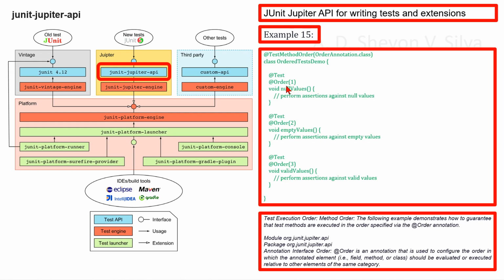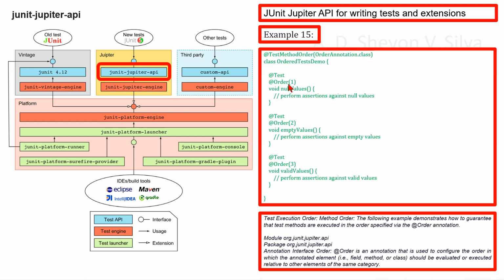Annotation interface Order in package org.junit.jupiter.api in module org.junit.jupiter.api. @Order is an annotation that is used to configure the order in which the annotated element, that is field, method or class, should be evaluated or executed relative to the other elements in the same category.